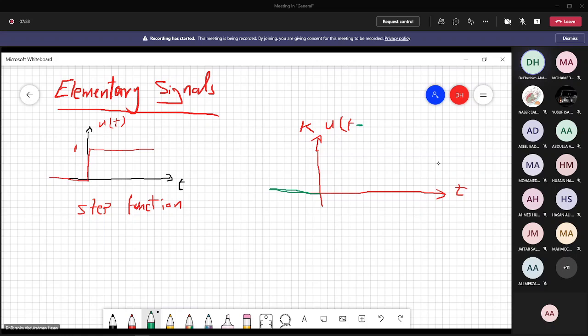And if it is minus t naught, it's minus 3, then whatever we have here is shifted to 3. So then it's going to start at 3. فكل اللي عندي shift to 3, so it will start here. And the amplitude here equals 1, but we multiply it by k, so then it will be k.